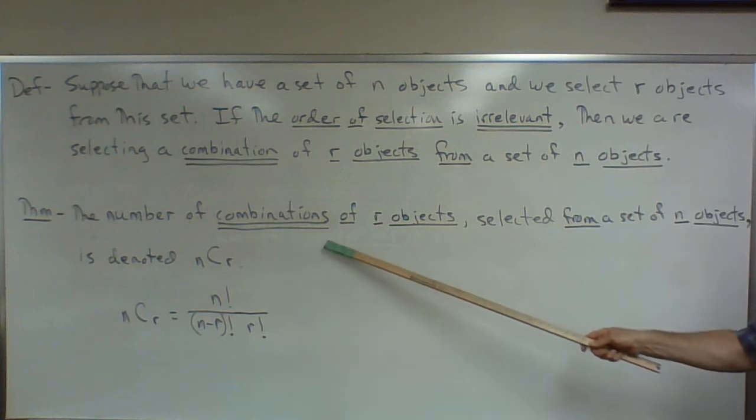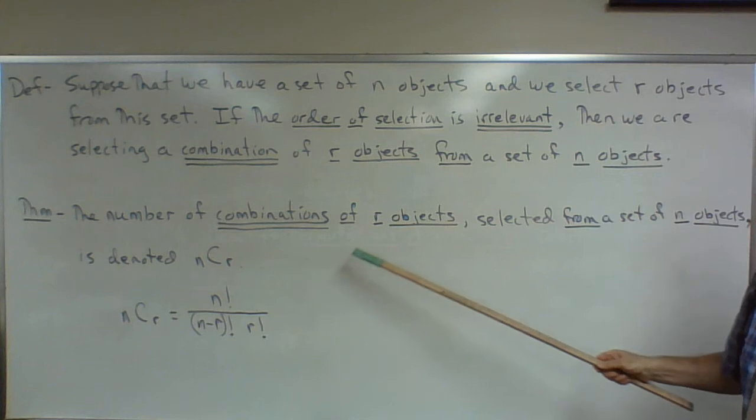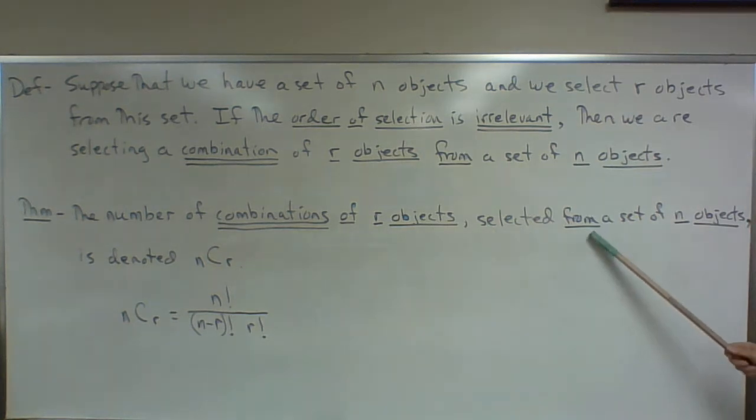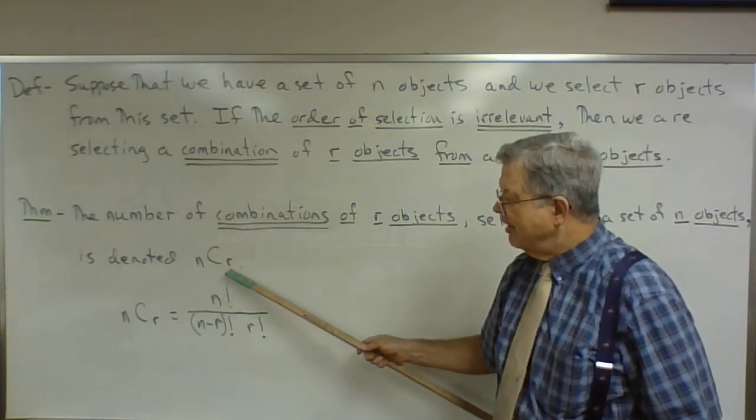The number of combinations of R objects selected from a set of N objects is denoted NCR.